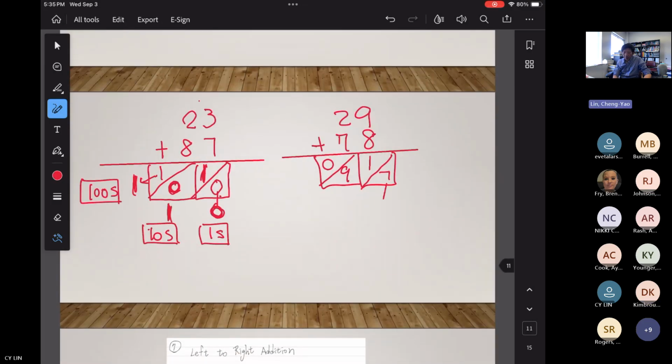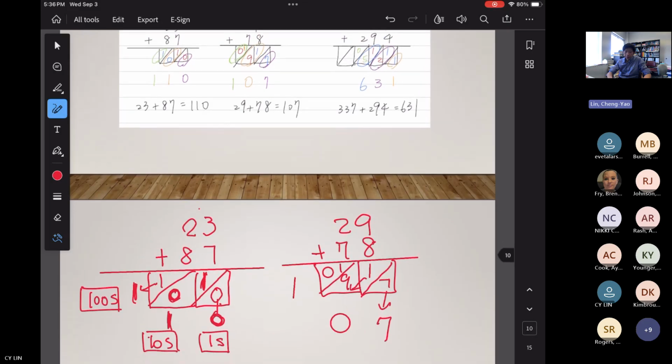So bring down 7 right here. Add diagonally here: 1 plus 9, which is 10, right? So put a 0 there and carry 1. Carry 1, that means 0 plus 1, which is 107. Does that make sense to you for this problem? Yes or no? Yes. Can we do another one?